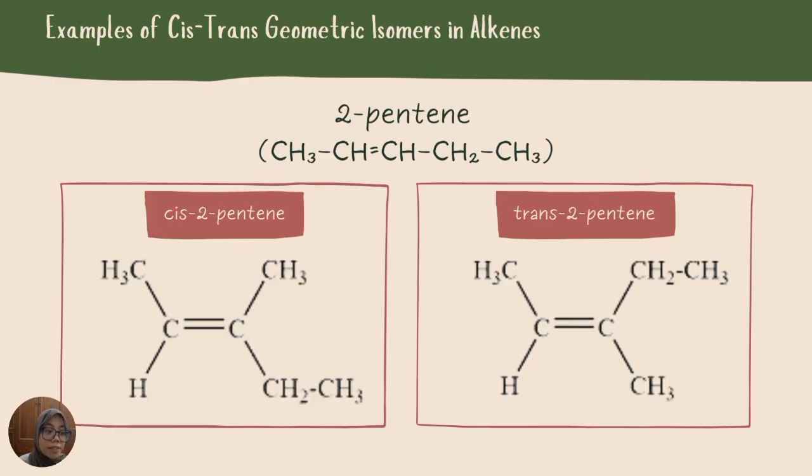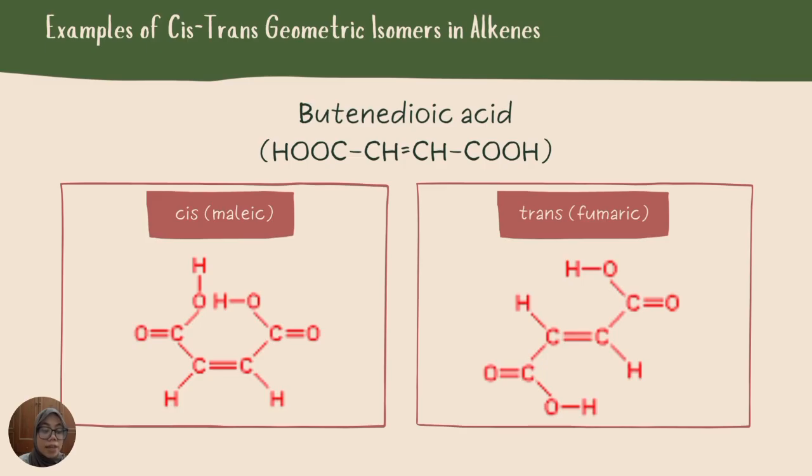The fourth example is 2-pentene. In the cis form, the two main carbon groups are on the same side, giving the molecule a bent shape. Meanwhile, in the trans form, they are on opposite sides, making the molecule more symmetrical and usually less polar. The fifth example is butenedioic acid. This is a special case of cis-trans isomerism in molecules with carboxylic acid groups.